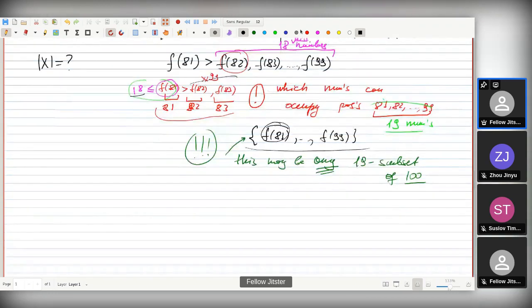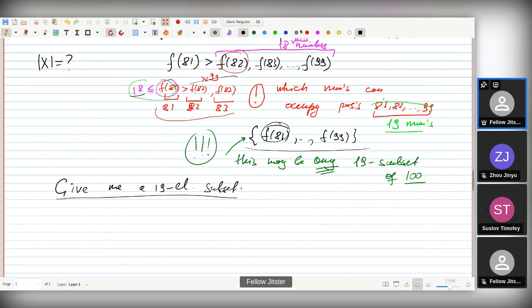Okay. If you are not sure, please give me a 19-element subset. From 0 to 18. Okay. It is very easy. Then I'll place 18 to position 81, and then I'll place all the other numbers in any way.